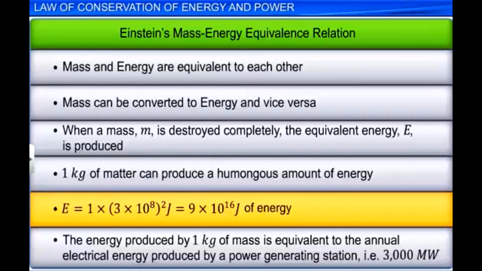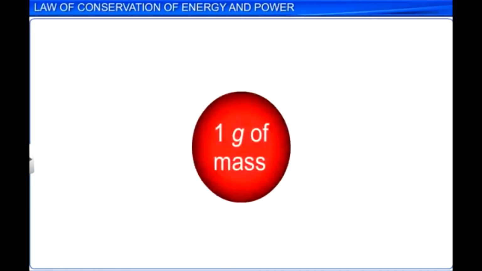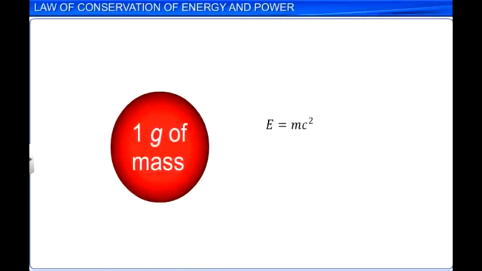The energy produced by 1 kilogram of mass is equivalent to the annual electrical energy produced by a power generating station, that is, 3000 megawatts. Now, if 1 gram of mass is completely destroyed, the energy produced is expressed as E is equal to mc square, that is, equal to 0.001 × 9 × 10¹⁶, that is equal to 9 × 10¹³ joules.